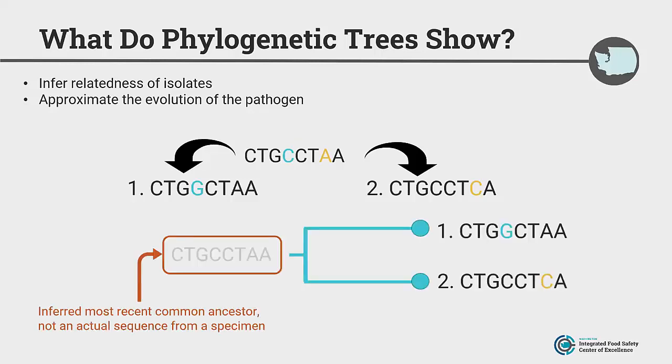And if we move this around to put it in what you might be used to seeing as phylogenetic trees, you can see we have our inferred most recent common ancestor sequence that takes 1 mutation difference to get to sequence 1, or a different single mutation difference will get you sequence 2.